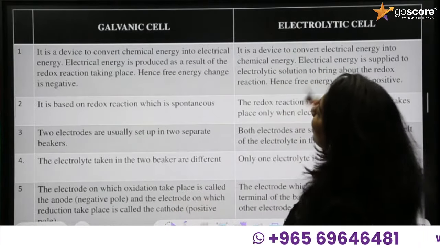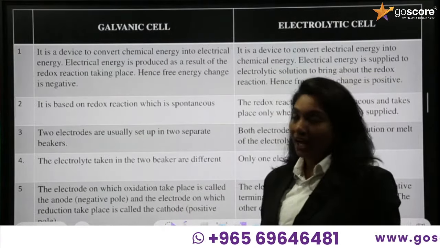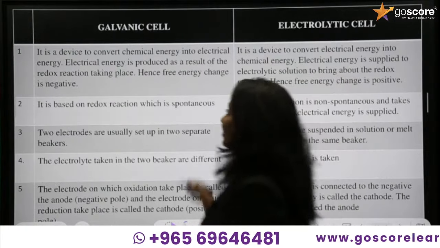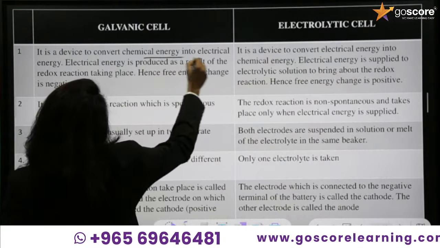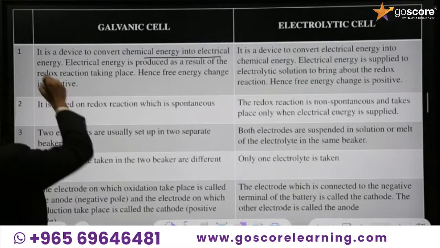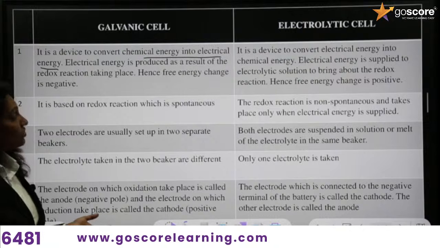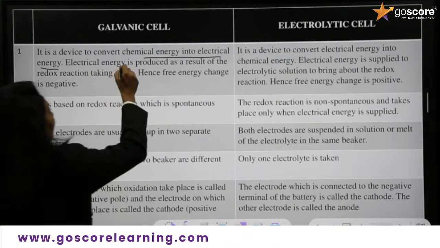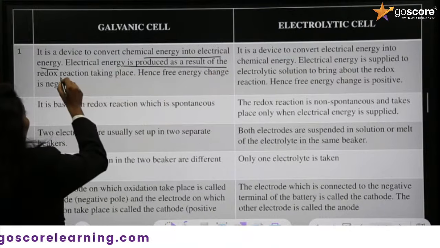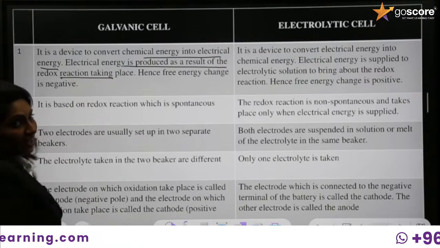See, in a galvanic cell, we know that it's a device that converts chemical energy into electrical energy, and galvanic cells involve spontaneous reactions. The electrical energy is produced as the result of spontaneous redox reactions.